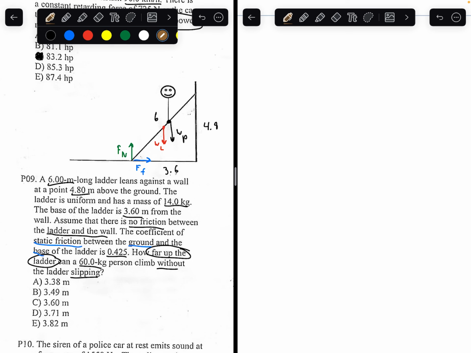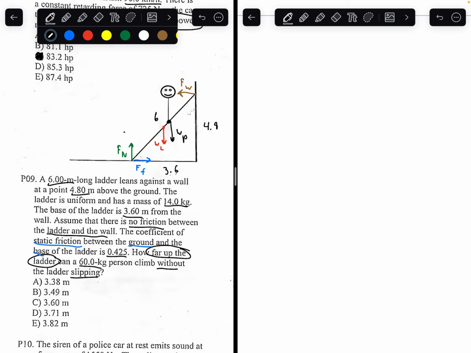If the ladder pushes on the wall, the wall pushes on the ladder. So there's going to be a force applied by the wall. And these are all the forces we have. It looks like a lot, but we can simplify this really well. We know this is all in equilibrium because that's what we're trying to find, the height at which everything balances out.